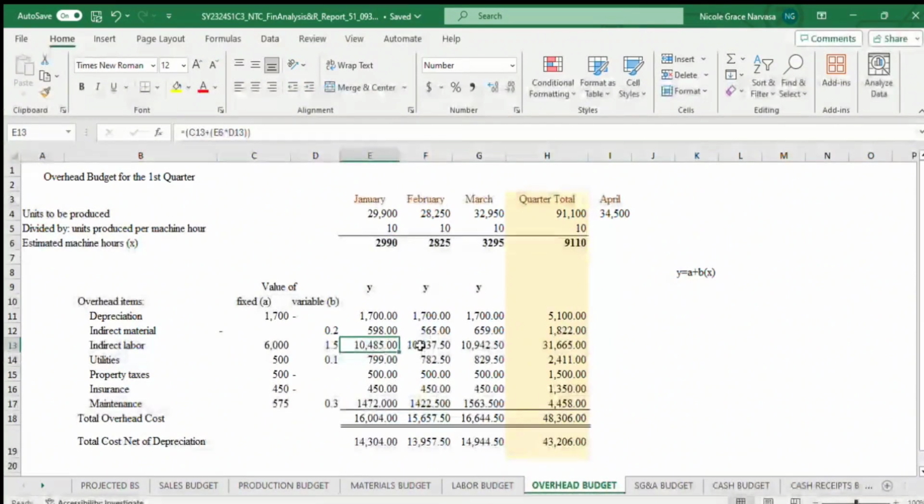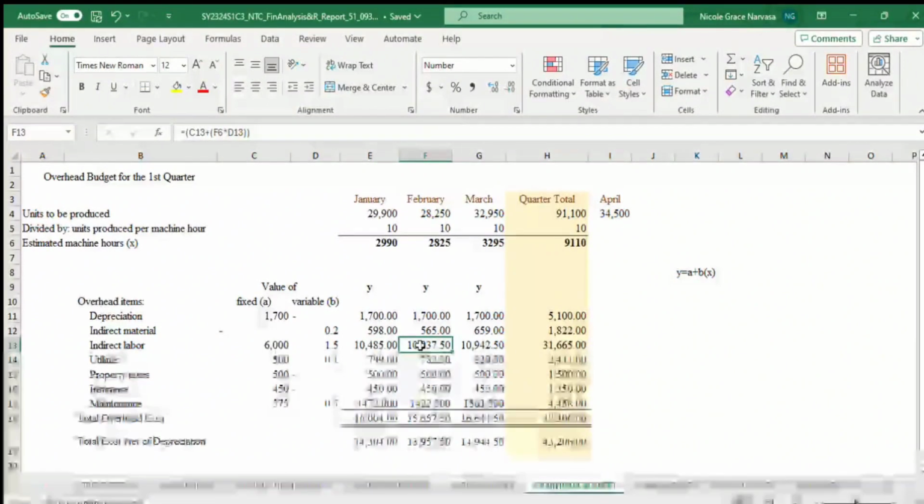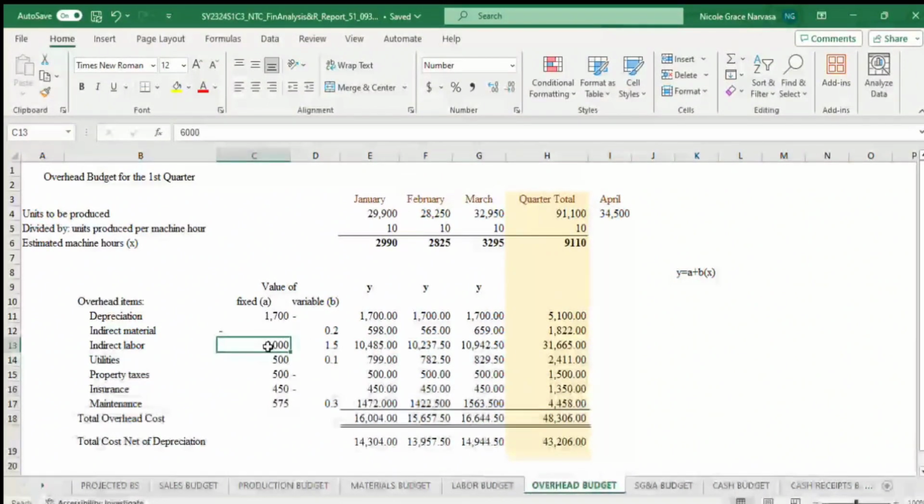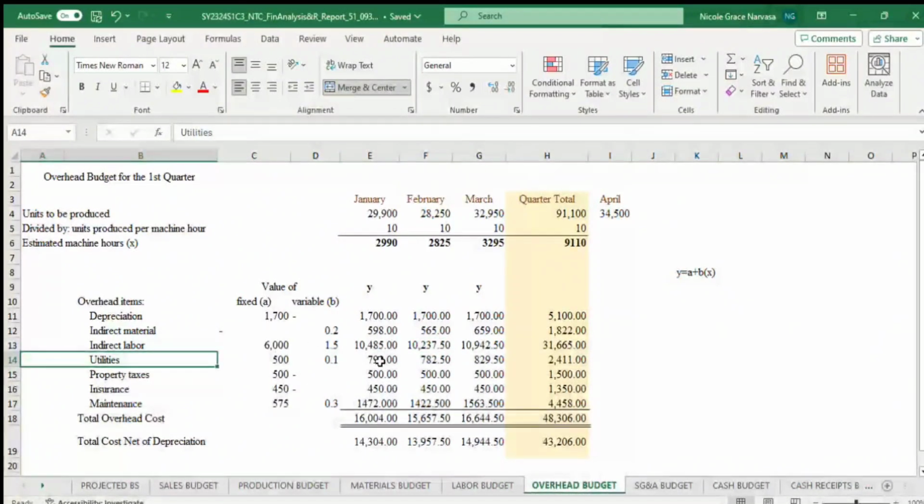And for Y of February, again 6,000 plus 1.5 multiplied by 2,825. Then the total is 10,237.50.